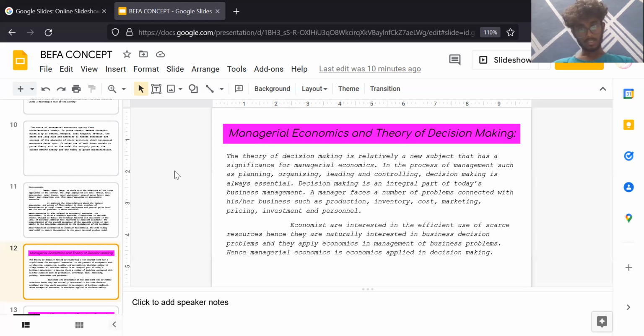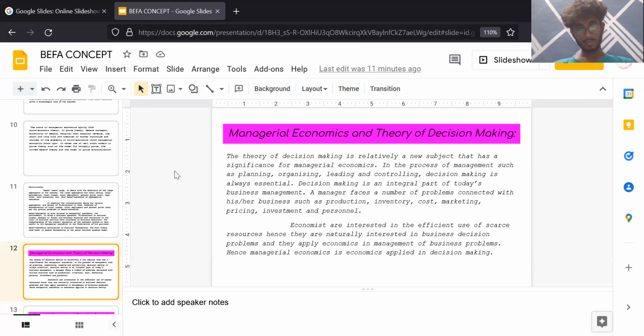Managerial economics and the theory of decision making. The theory of decision making is a relatively new subject that has a significance for managerial economics. In the process of management such as planning, organizing, leading, and controlling, decision making is central. Decision making is an integral part of today's business management.